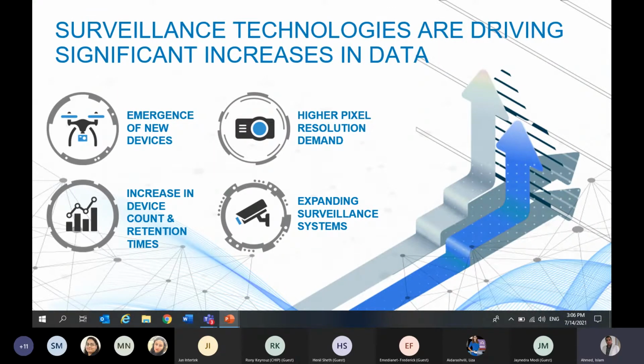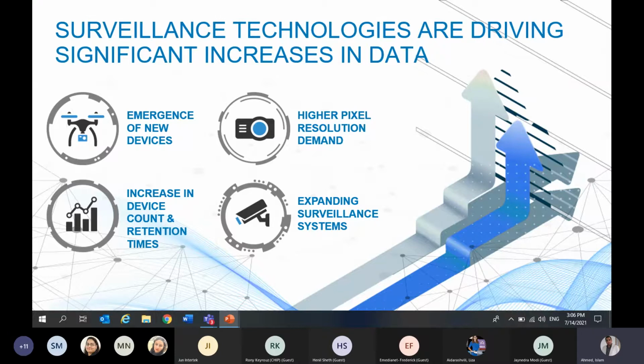Now it's not accepted anymore. We are talking about high megapixel cameras and high resolution. This is the new requirement in the market. This came with a price, a price you have to pay in the network, in the storage, and in the processing power.